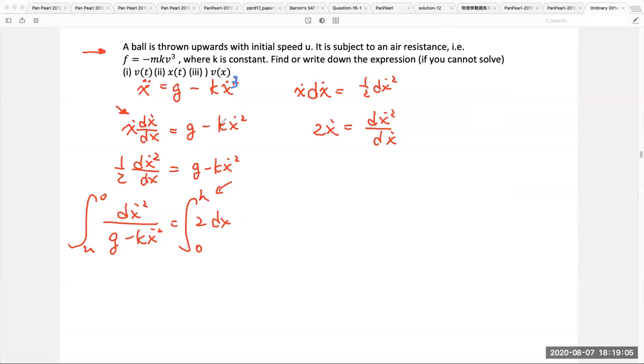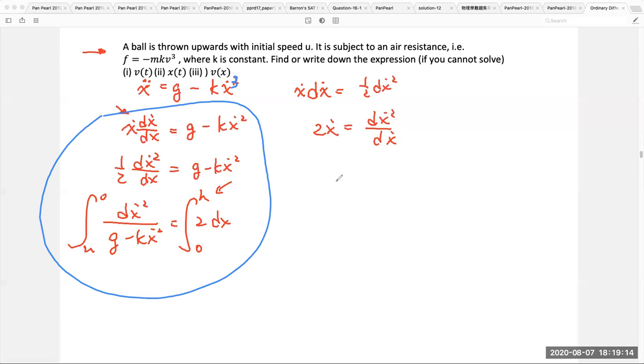Then the following equation is not applicable anymore, but you are still using the same trick here. And then you get x dot dx dot divided by g minus k x dot cubed.